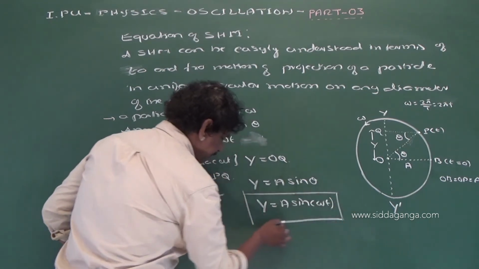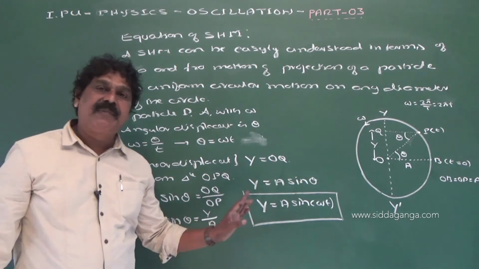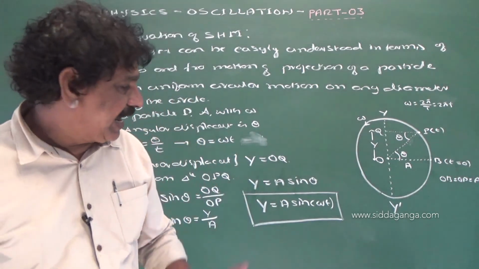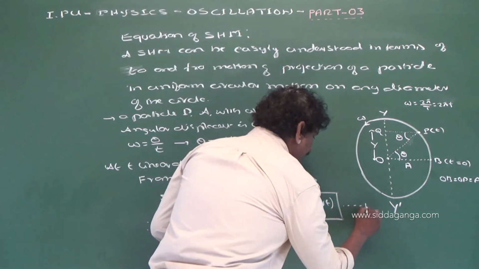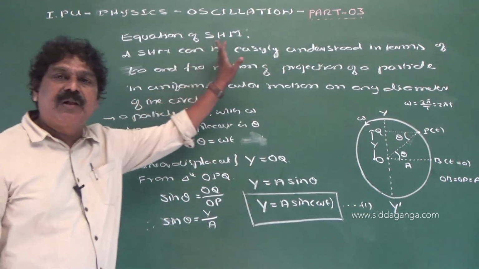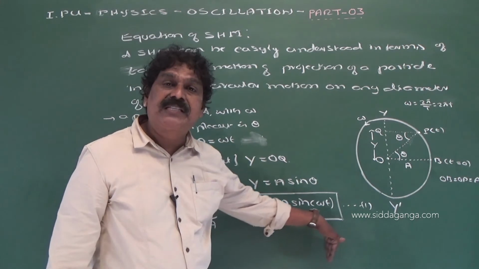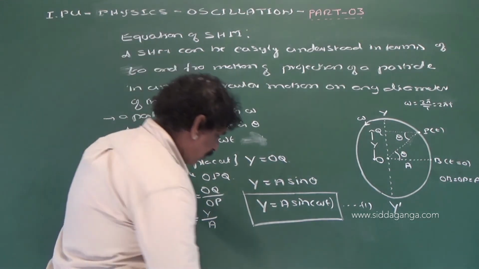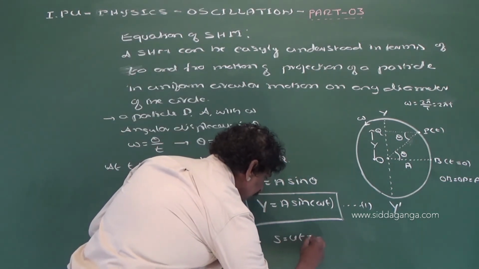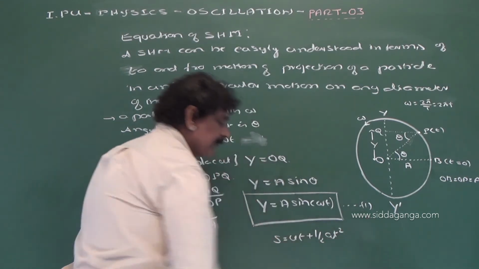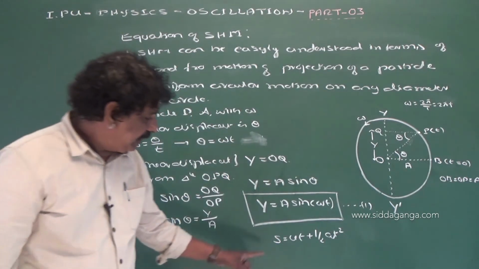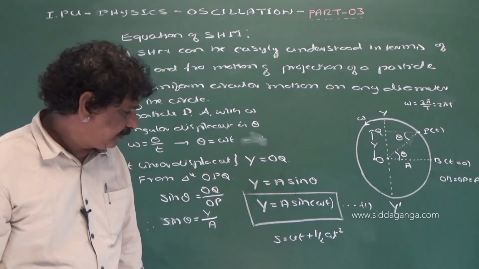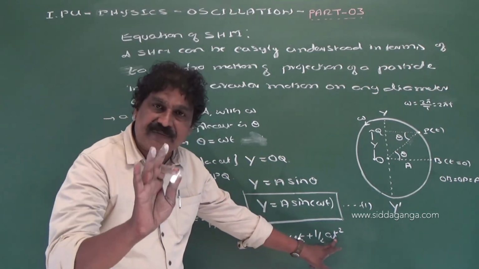This equation gives the displacement of a particle executing simple harmonic motion at any instant of time, and this is called the equation of a simple harmonic motion or displacement equation, right. In translational motion, S is equal to ut plus half at squared gives the displacement of a particle moving along a straight line at any instant of time t.